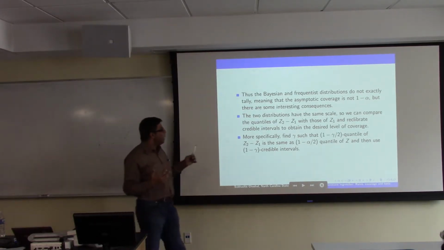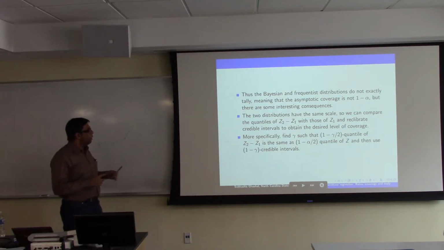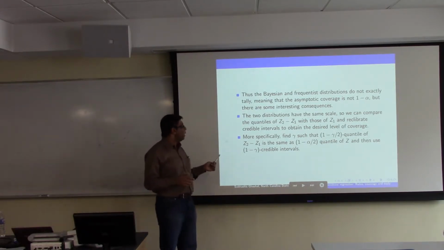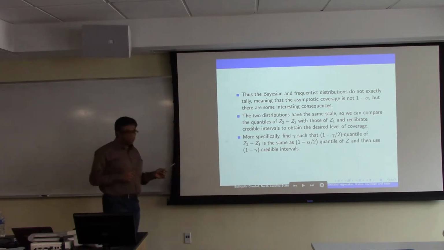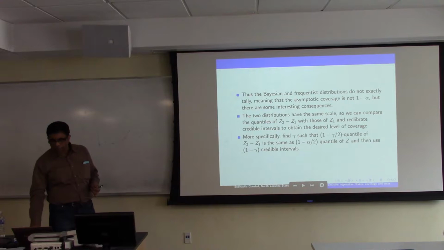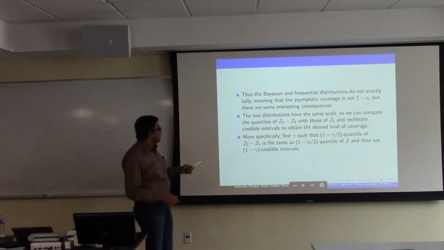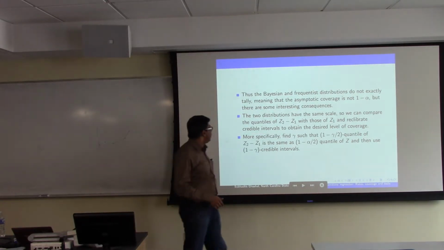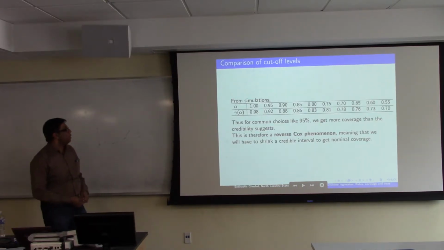So we can recalibrate. Instead of starting with 1 minus alpha credibility, we can start with a 1 minus gamma credibility, and then try to see for what gamma we get back 1 minus alpha coverage. Well, we still haven't studied this distribution theoretically, but we did some simulation, and here is the table.